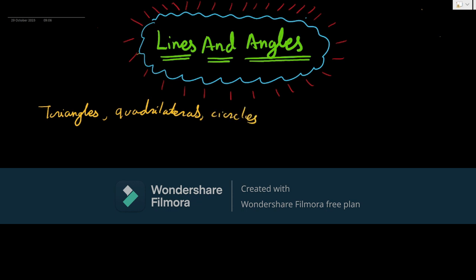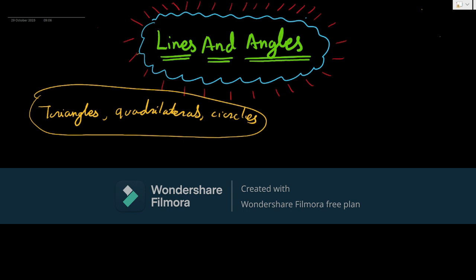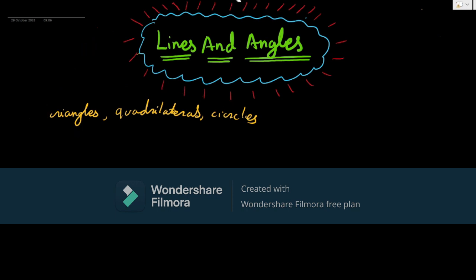Because in every geometry chapter, whether it is triangles, quadrilaterals, or circles, you will need the basics of this chapter. Without this, you cannot solve these chapters at all because they're going to introduce new concepts in each chapter, but you need to remember these basic concepts. So today we're going to do this chapter, which is really important, but it is easy as well. So you don't have to fear.